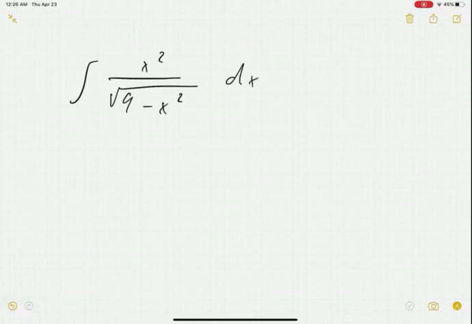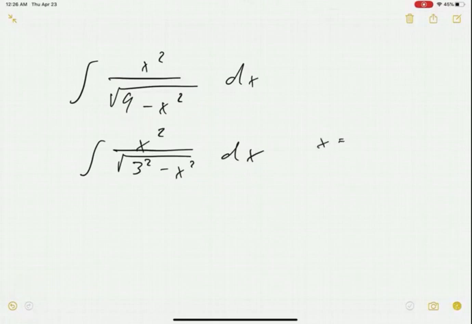All right, so let's see an example real quick. I have the problem... okay, so what form is this? 9 is 3 squared, so I have really a squared minus x squared, so I should use x equals 3 sine theta.